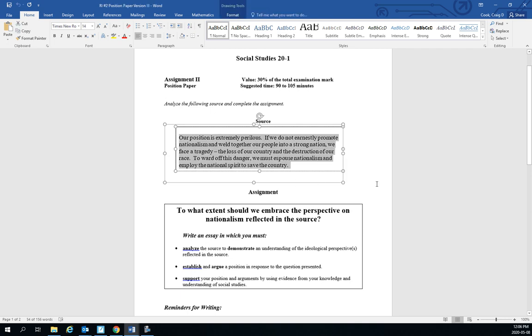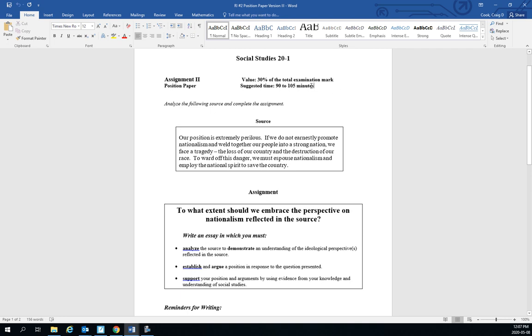In grade 11, it's going to concern nationalism. In grade 12, it'll be about liberalism and democracy. But everything else will be exactly the same. This wording will be the same, except nationalism will be replaced by liberalism, but everything else is going to look the same.